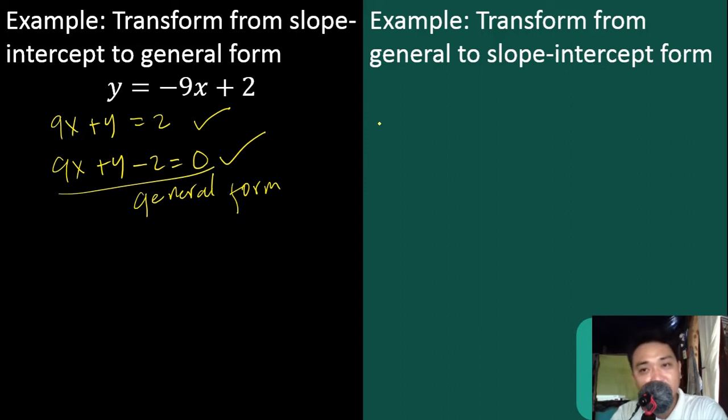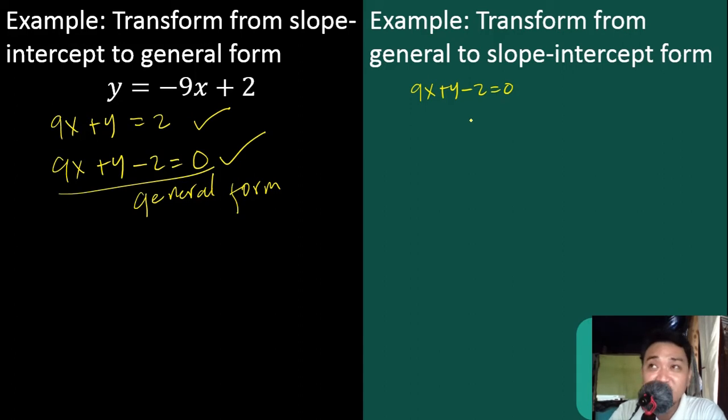Now, paano siya ibabalik into slope-intercept form? Ganun din. Let us just apply properties in algebra. So, let's say we have 9x plus y minus 2 is equals to 0, and we want to know the slope. Kunyari lang. Siyempre, naka-general form siya, hindi pa masyadong obvious kung ano talagang slope niya.